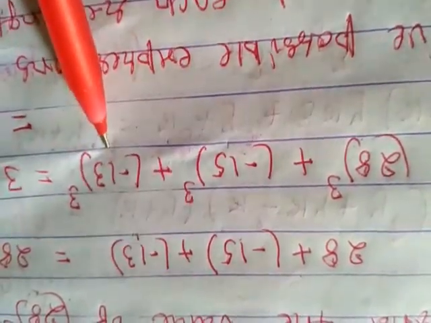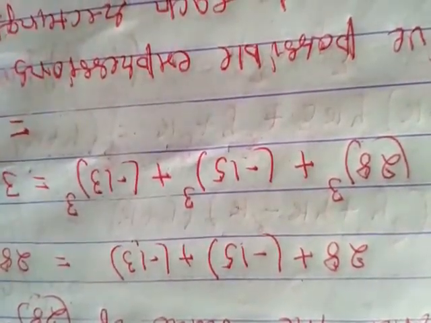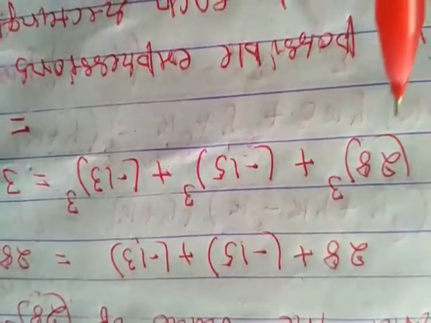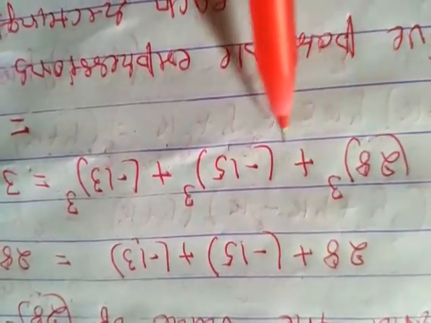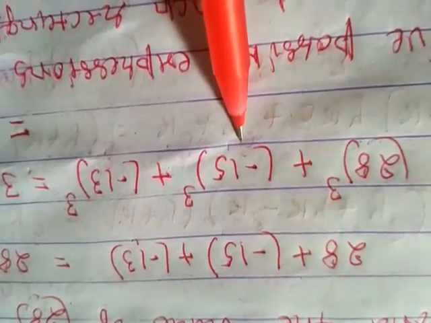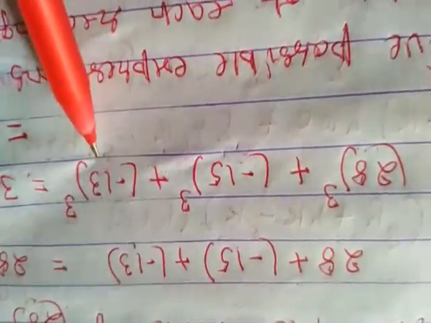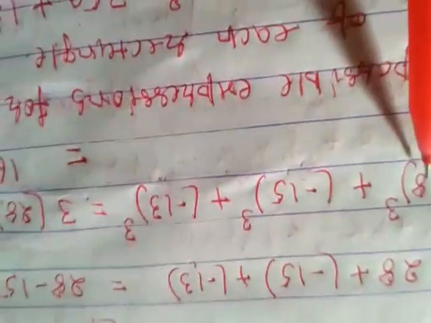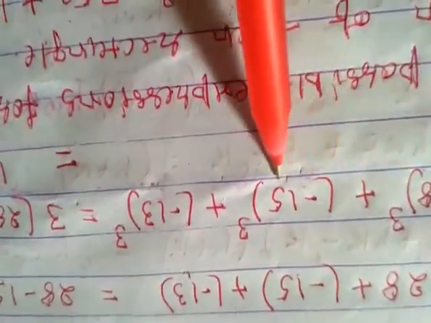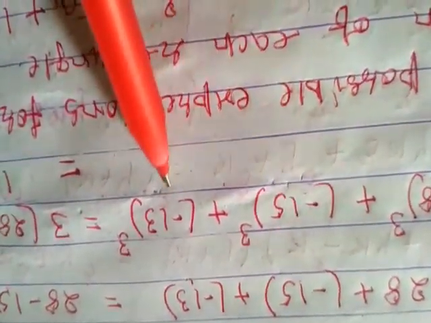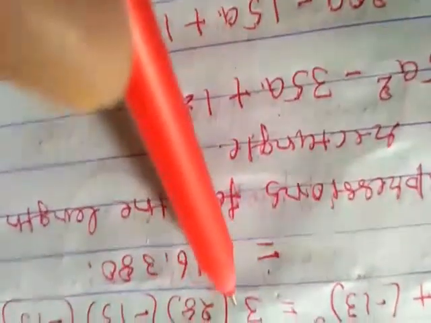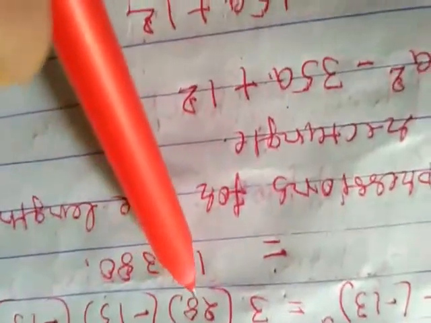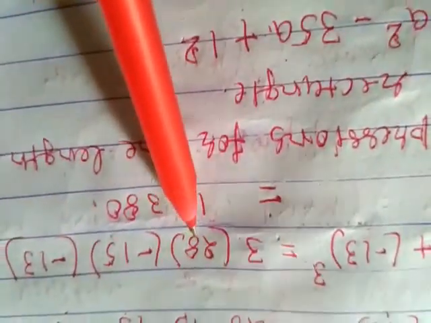So here the value of x is 28, the value of y is minus 15 and the value of z is minus 13. So 28 cube plus minus 15 cube plus minus 13 cube equals 3xyz. So substitute the values: x is 28, y is minus 15 and z is minus 13.